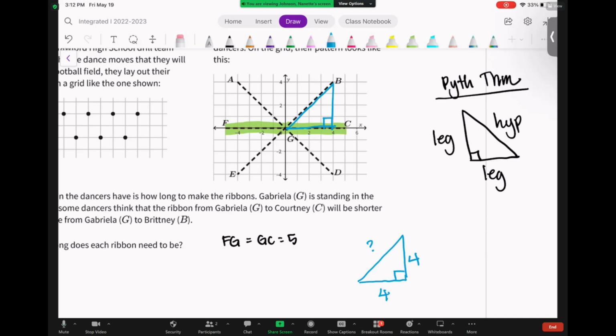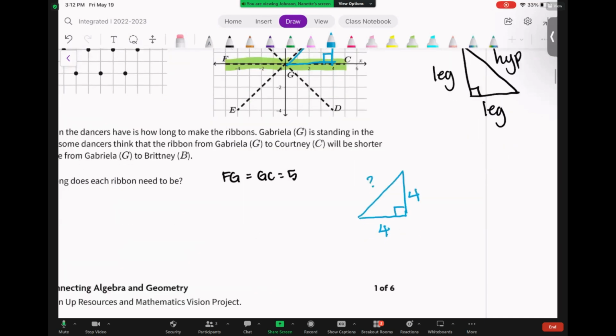Now that you're back, you probably did leg squared plus leg squared equals hypotenuse squared, and you got 16 plus 16 equals question mark squared, which means we have to solve this. So 32 equals question mark squared.